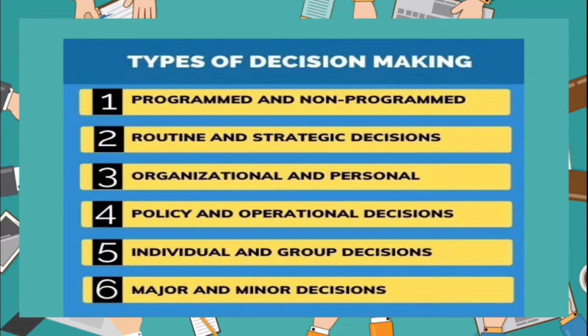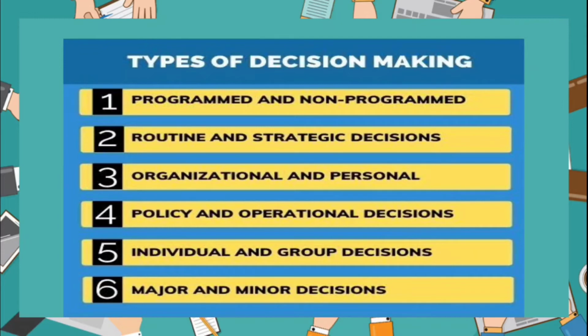So these are decisions which are taken on a day-to-day basis, and they are taken by the operational managers or the lower managers. On the other hand, strategic decisions are the decisions which require much planning before their implementation, and they are usually taken by the top or the middle level managers.